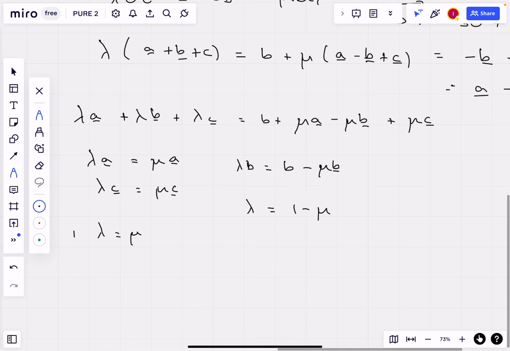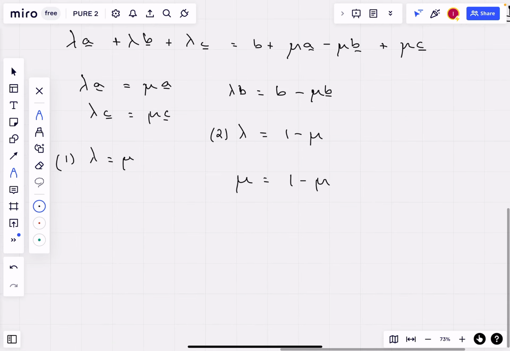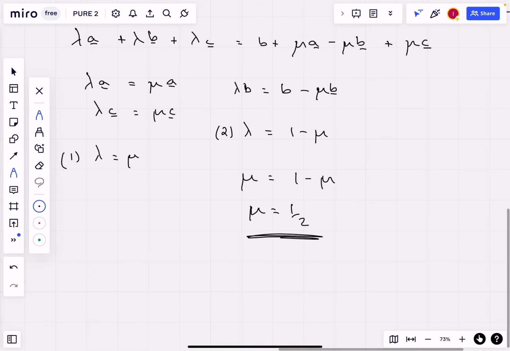So we have a simultaneous equation here. When we substitute mu equals 1 minus mu, we're left with mu equals a half. And since lambda equals mu, lambda also equals a half.